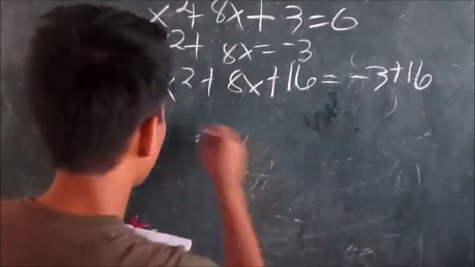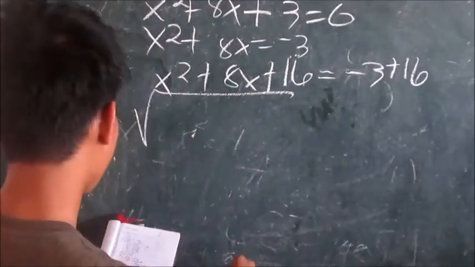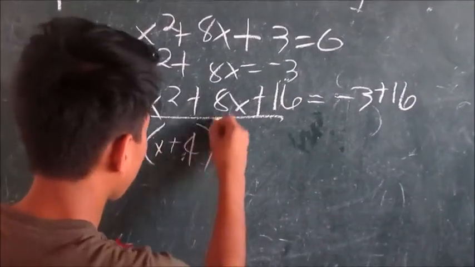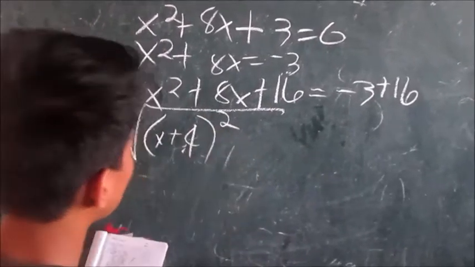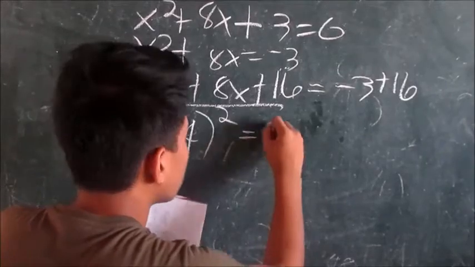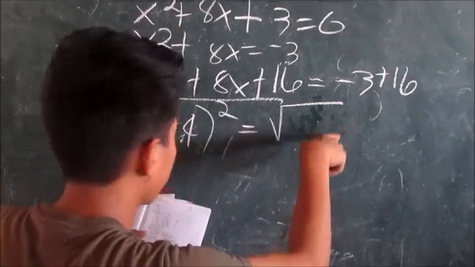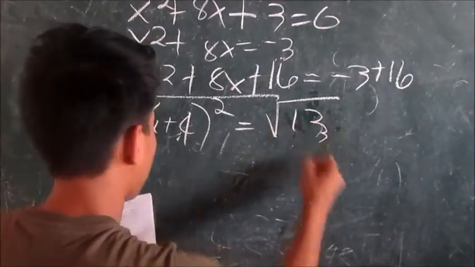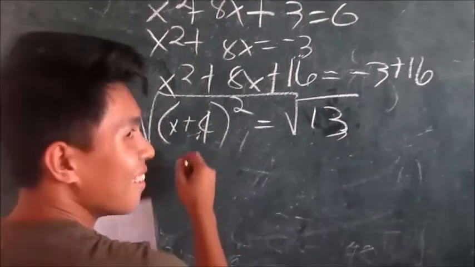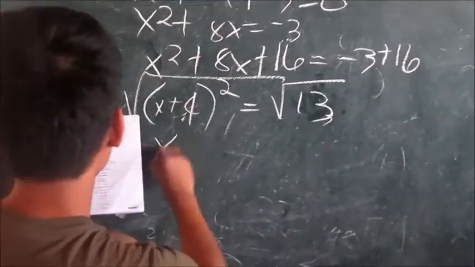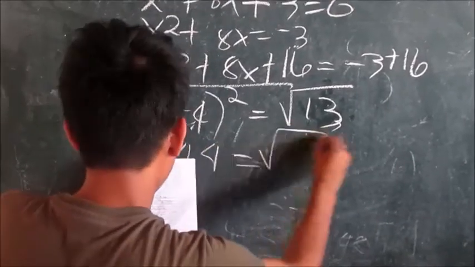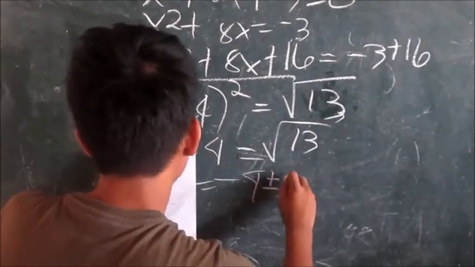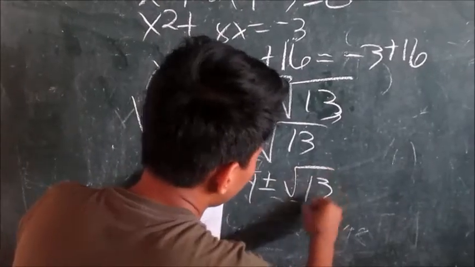And then, let's put a square root. We have, put an open and close parentheses, bring down x plus 4 squared, because 4 times 2 is 8. x plus 4 equals square root of 13, because negative 3 plus 16 is 13. So x equals negative 4 plus or minus the square root of 13.